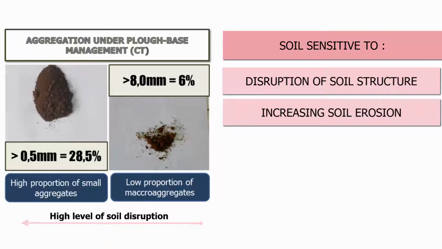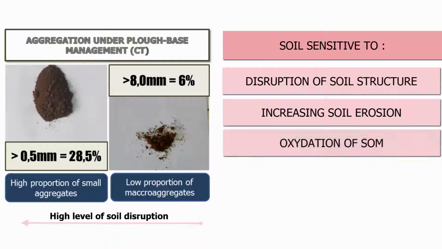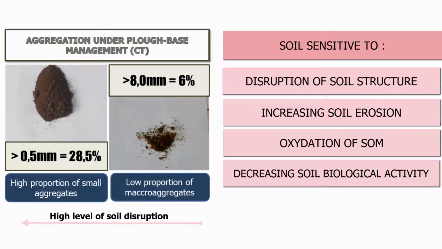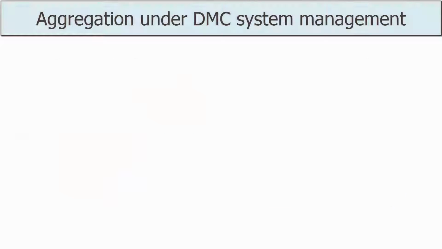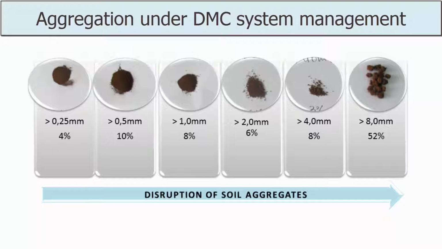Also, by disrupting the soil aggregate, we will expose the soil organic matter that is protected inside the aggregate. We will expose that organic matter to the microbial attack and to the oxidation. So it's really the main difference when we compare with the DMC management.